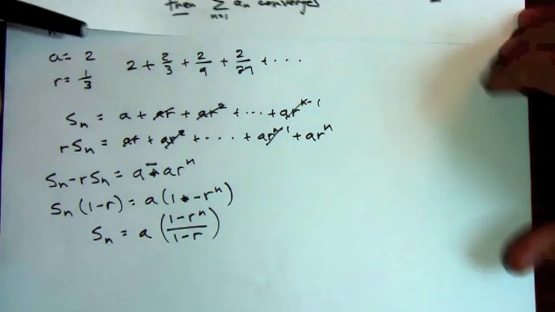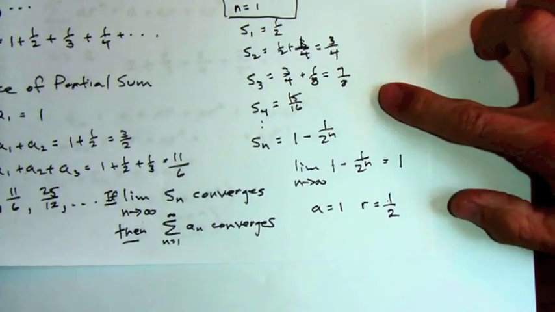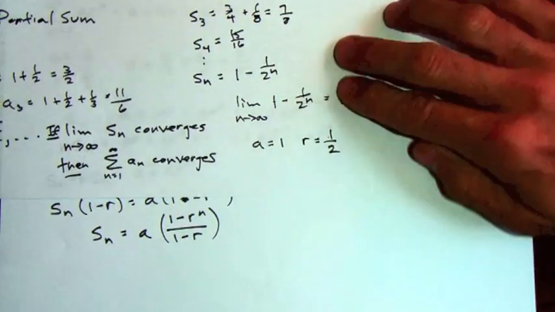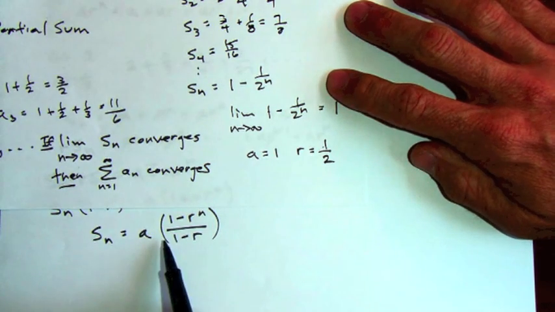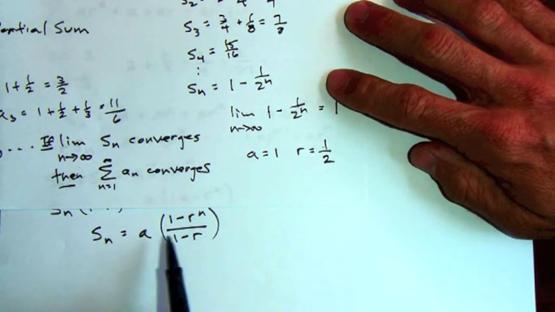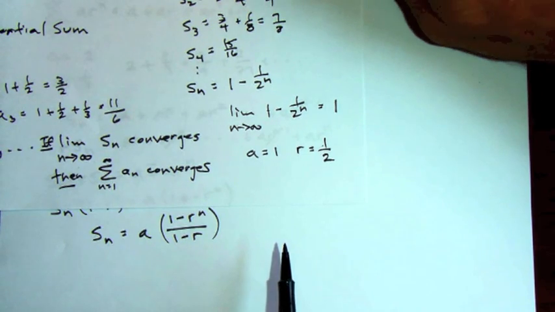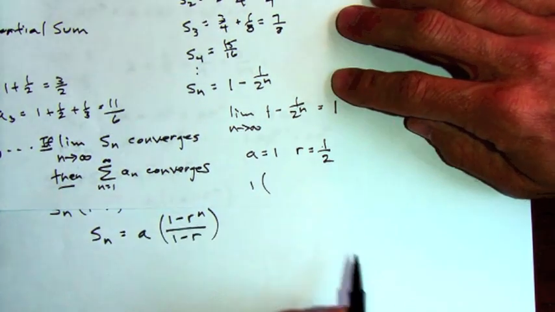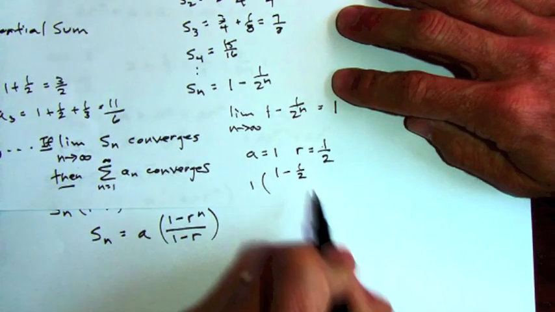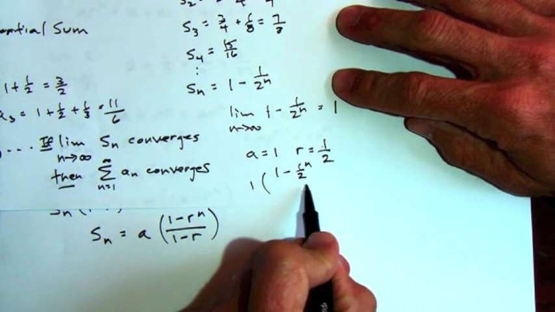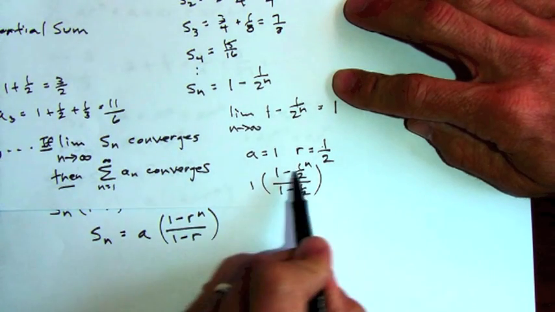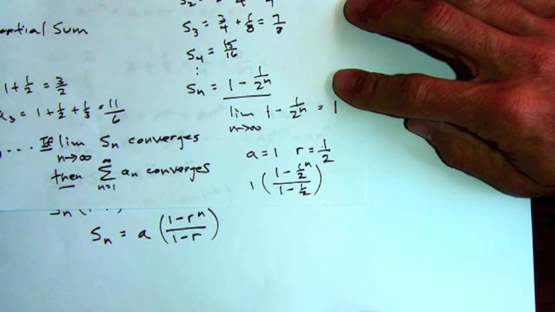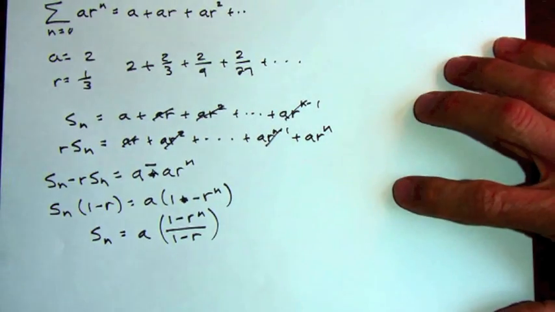So one way to think about the nth partial sum of this particular series, if we use our formula, is it would actually be, well, let's just call it 1. We can always subtract 1 at the end because we know that this starts at 1/2 instead of 1. But it would be 1 minus 1/2 to the n over 1 minus 1/2. And we could simplify that to get this after we subtract 1 off. So it's a convenient way to get the nth partial sum.